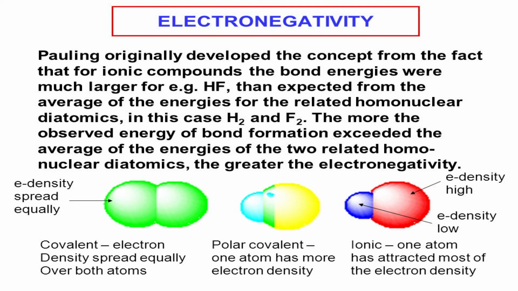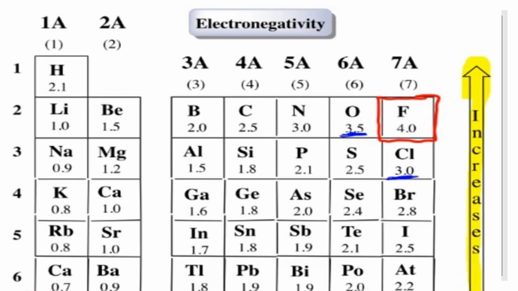Electronegativity of some of the elements are given in your textbook. That is, for fluorine is given as 4.0, chlorine 3.0, for bromine 2.8, for iodine 2.5, for hydrogen 2.1, and for sodium 1.